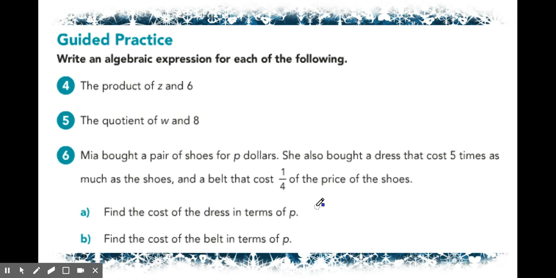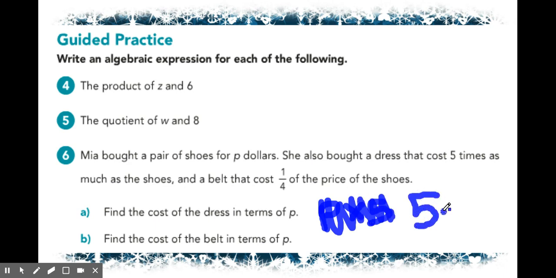Well, I know the shoes cost $P, and the dress cost 5 times as much. But I'm not going to write P times 5 because this is not how we write it in algebra. Instead, it should be 5P.